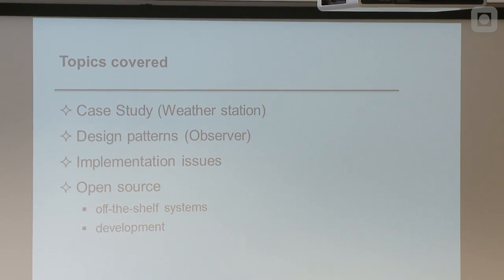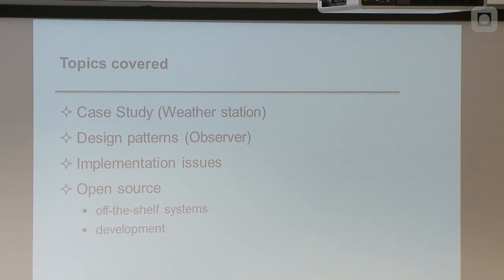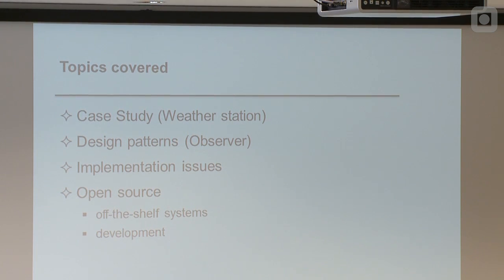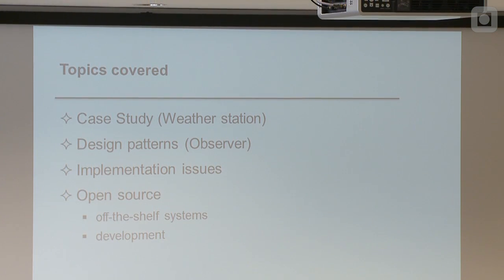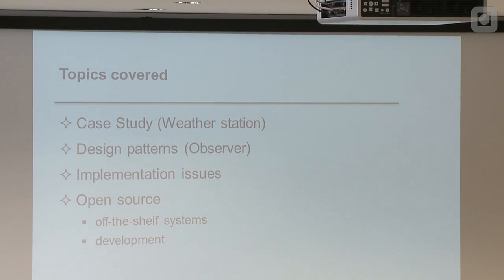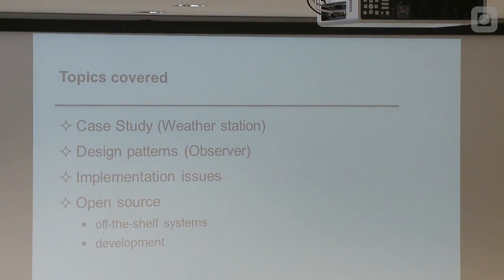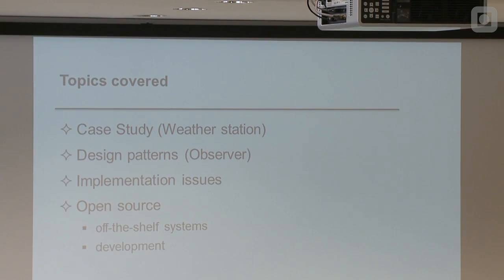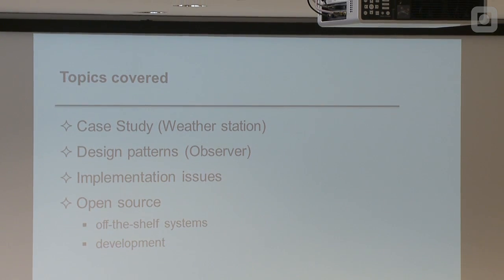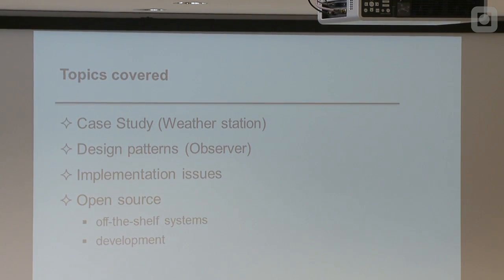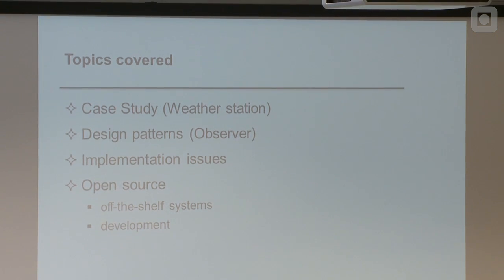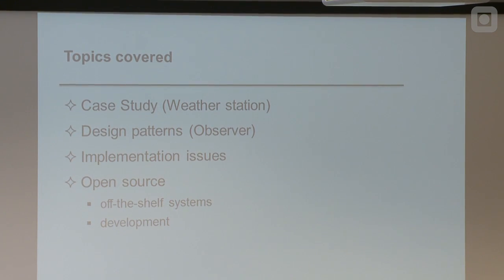Today we are going to see another pattern, and you may ask, but why do we look at this pattern today and not last day when we talked about architectural design? It is because the design pattern observer is something that you take into use when you deal with low-level design, while the patterns we saw last time are patterns that have to do with non-functional requirements, so they are patterns you take into use when you deal with architecture.